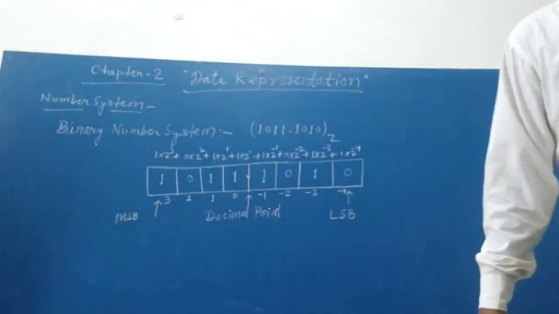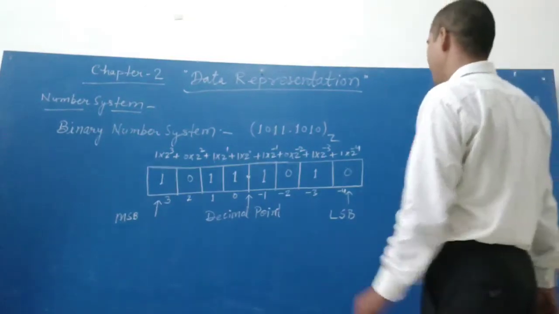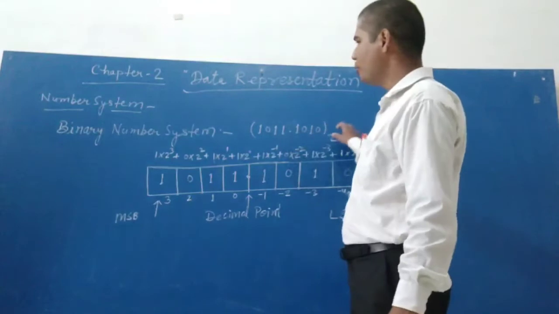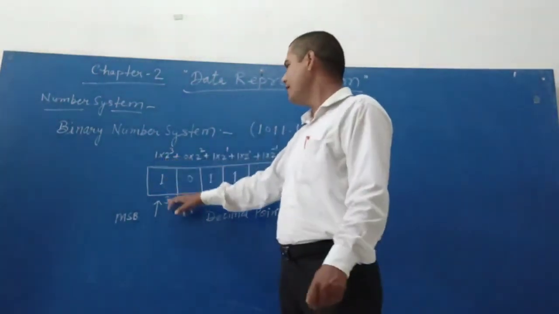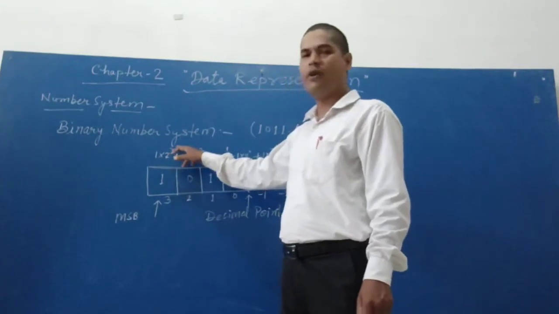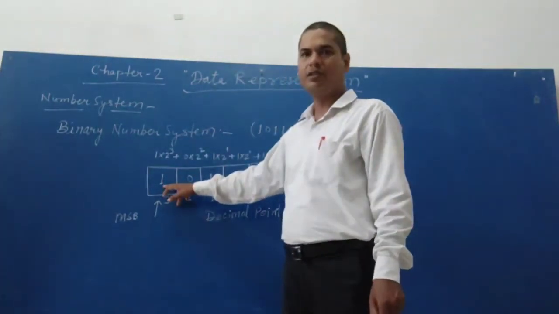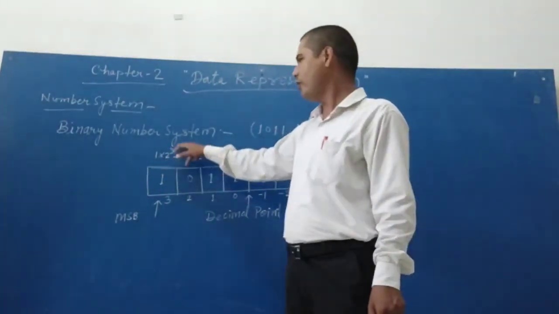So this is the binary representation of the number, and the base is 2, that's why we take 2 as the base and its positional value as the power of the base, and the digit is 1, so 1 into 2 to the power 3.